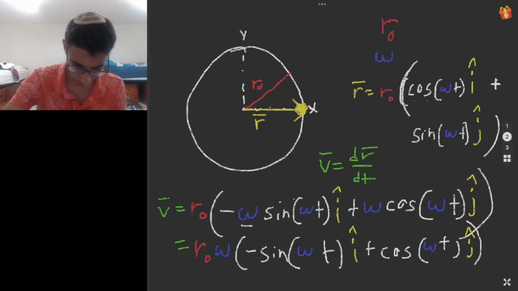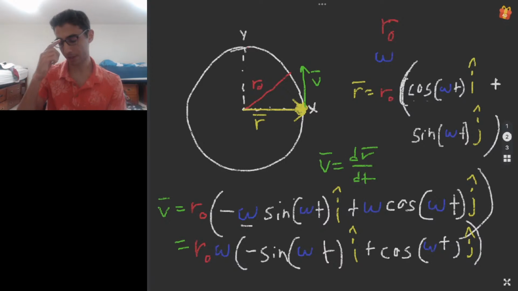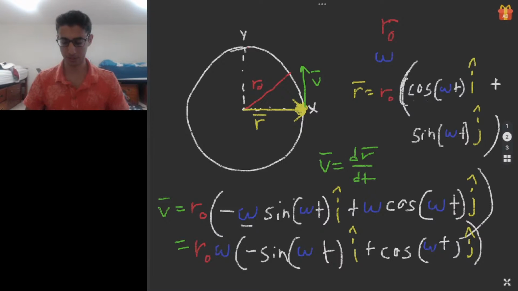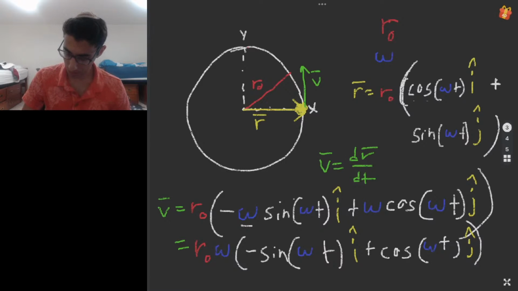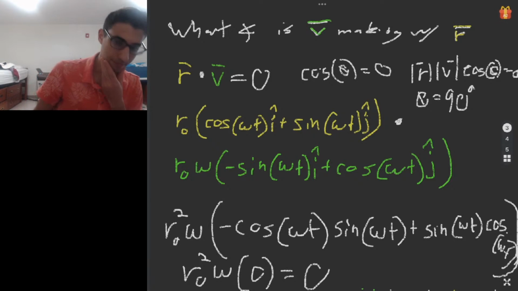And now we can draw our velocity, and the velocity will look something like this. It's perpendicular to our position. And this is one idea you may have heard, that when something is flying around in a circle, the velocity is always perpendicular to the position, which is pretty cool. So we just proved that using our understanding of vectors and dot product and all that jazz. Okay, moving on.